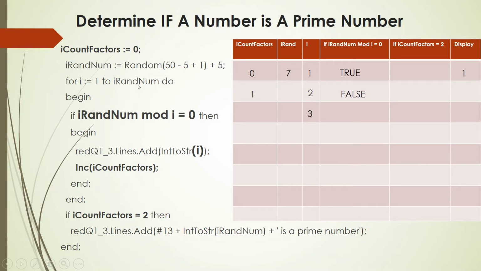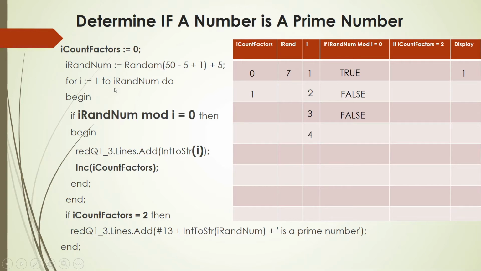I then check my condition in my for loop, it's true. I come into my if statement and I check if 7 mod 3 equals 0. False. If this condition is false, I do not execute statements in the if. I hit the end and I now becomes 4.